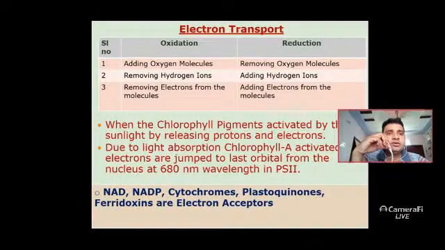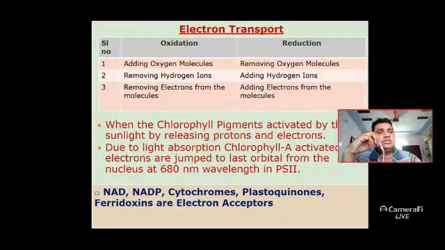So after the release of protons and electrons, the electrons have to be added to some molecules, which we call receptors. Receptors are the substances which accept the electrons.